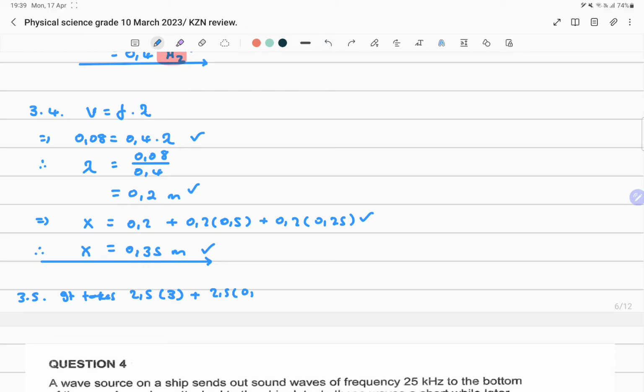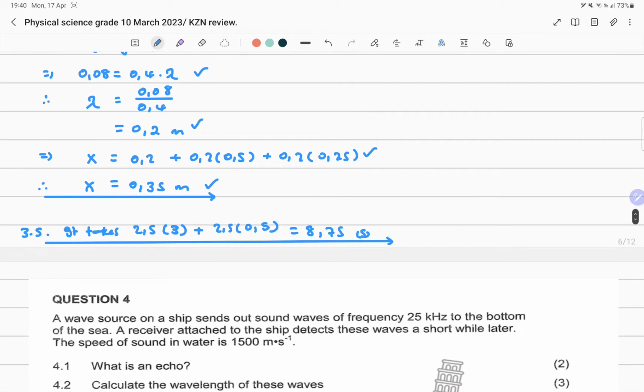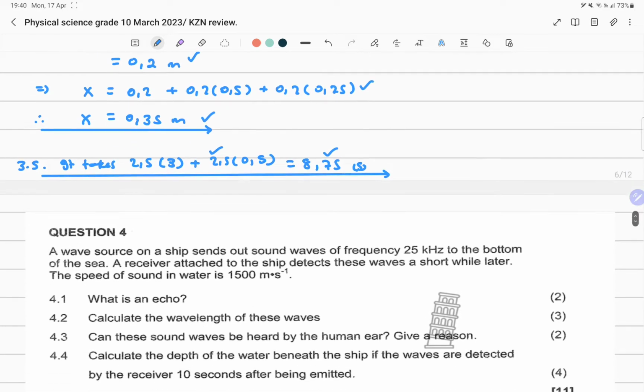Half is 0.5, which is equal to 2.5 into 3 plus 2.5 into 0.5. So basically I'm getting 8.75 seconds. All right, so we've answered those questions nice and easy. Again here you should be scoring around 2 marks: first of all for this left hand side and the final answer. Great. Let us move on.